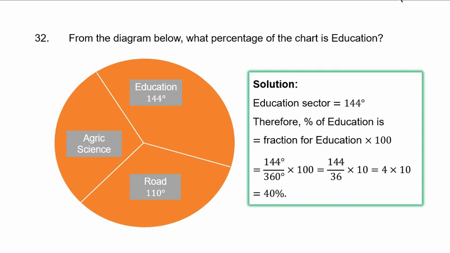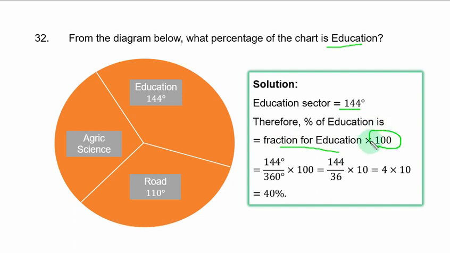Example 32. From the diagram below, what percentage of the chart is education? Solution. Education sector is 144 degrees. Therefore, percentage of education is fraction for education times 100%.